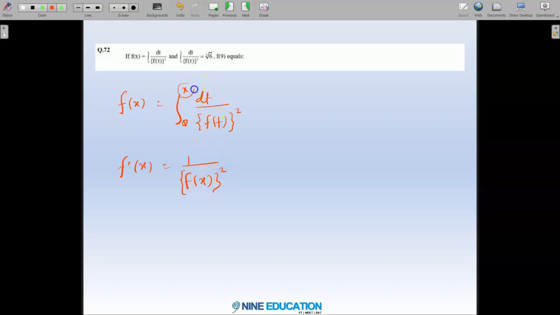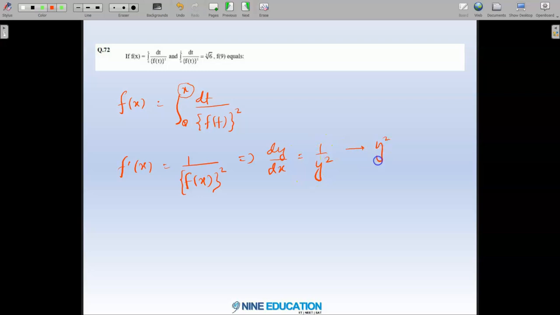Whenever differentiation of a definite integral is required, you put the upper limit in place of t, then differentiate the upper limit, minus the same thing with the lower limit. Since the lower limit is already 0, we will be getting f dash of x as 1 by f of x whole square. So from here I can also say that this is dy by dx equal to 1 by y square.